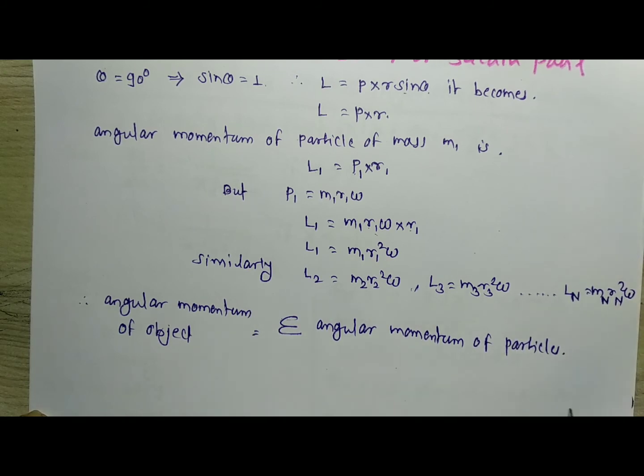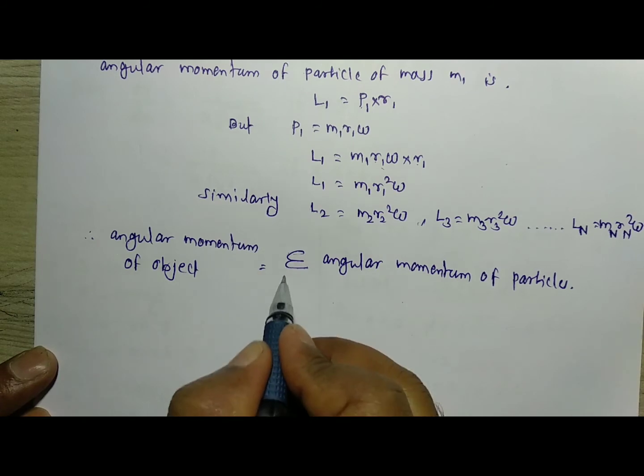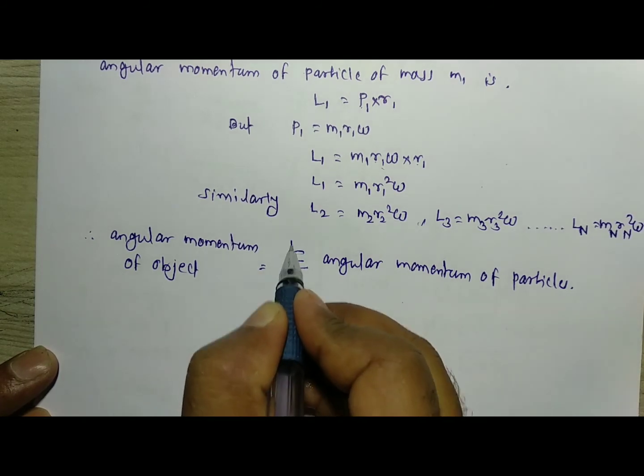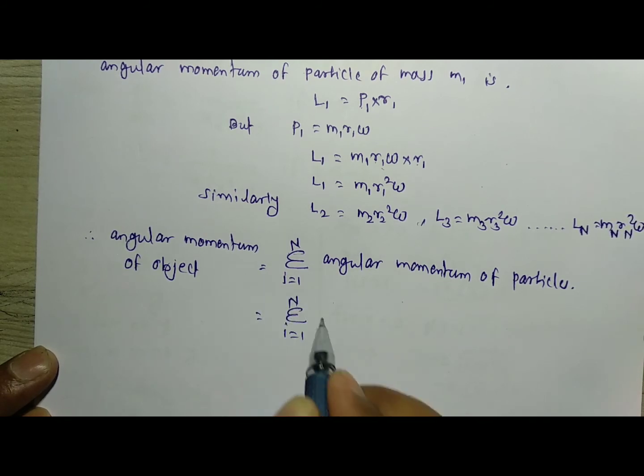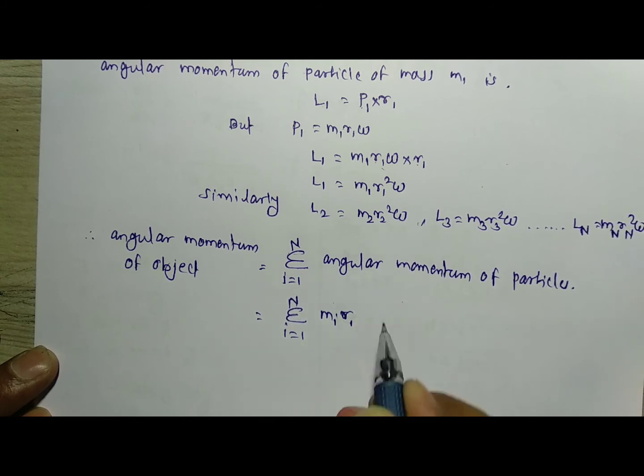Here there are n number of particles, therefore you have to take i from 1 to n, the summation of mi ri square omega.